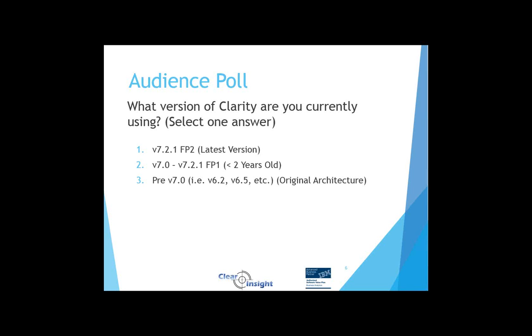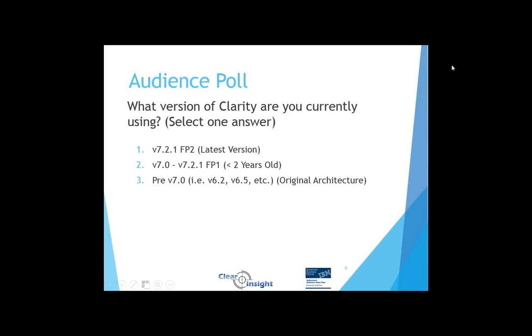Are you on the latest version, FixPack 2, version 7.2.1, or are you on a 7.0 version but not quite up to FixPack 2, or are you back on the original architecture, of course, which is quite old now, one of the version 6 editions, which is no longer in support with IBM, and I'm sure you're familiar with that, but we do know many people who are still on 6, so you're not alone if that's where you're at.